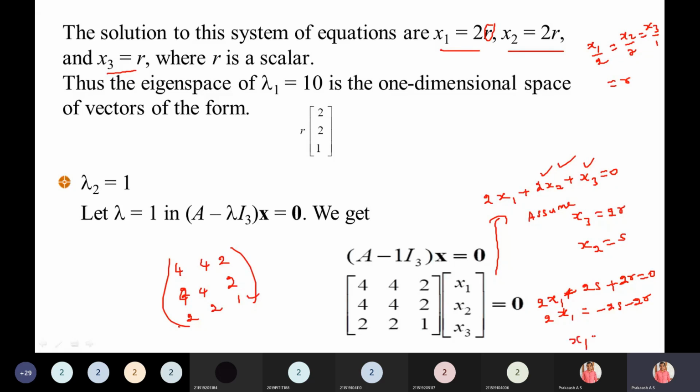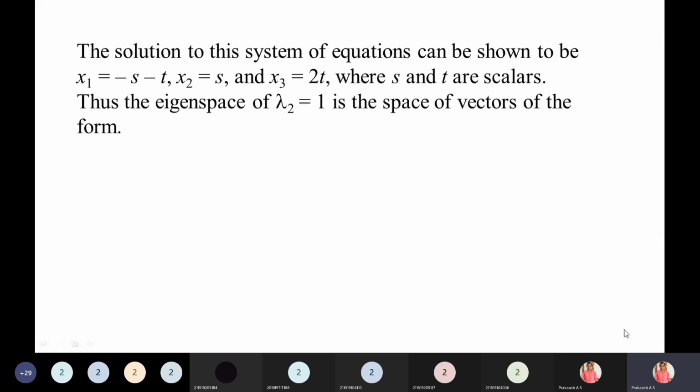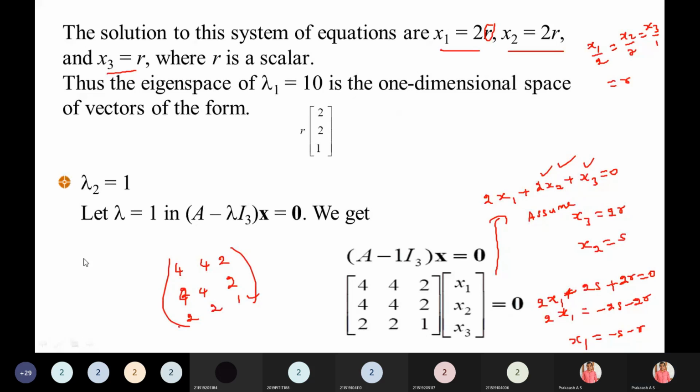So x1 equal to minus s minus r. We already used r, so we can use another parameter also, no problem, t.